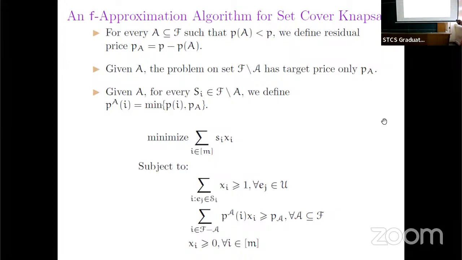Given A, suppose you have picked some sets A, then you are left with picking some sets from F minus A. F is the collection of sets from which you have to pick a set cover, and here you have a price target of only P of A. And because your price target is only P of A, once you pick a set A, you can redefine the price of every set i to be the minimum of its original price and the residual price.